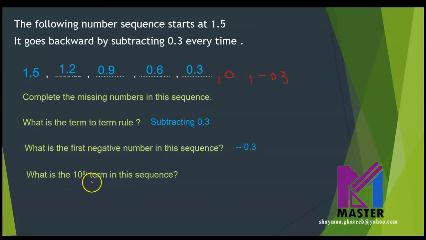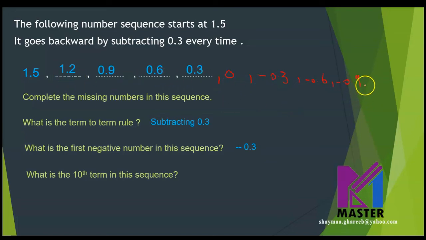What is the 10th term in this sequence? We already have 1, 2, 3, 4, 5, 6, 7. If we continue counting backward, we will get negative 0.6, then negative 0.9, right? Is it the 10th term yet?